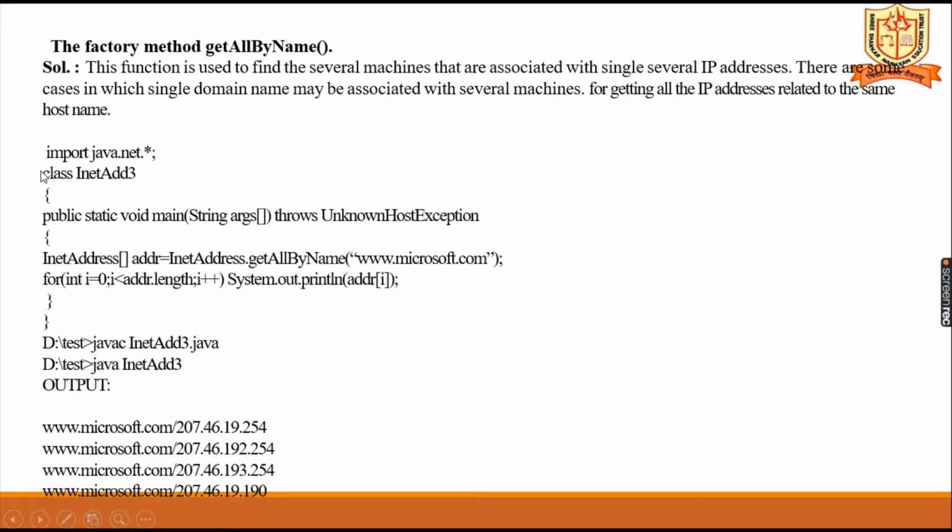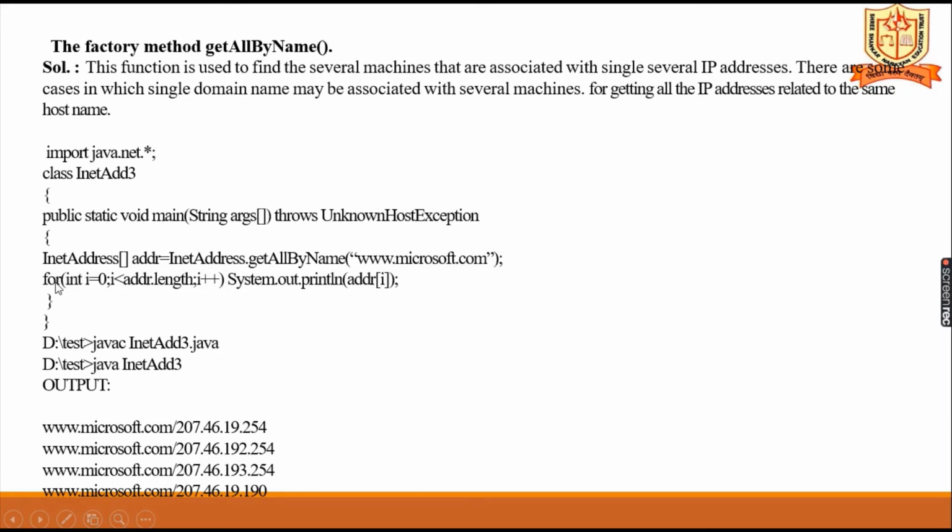See the program here. Import the java.net package, then the class name, and the main method throws UnknownHostException. So an array of InetAddress, InetAddress.getAllByName. This domain, www.microsoft.com, contains several machines that are associated with the same domain name.